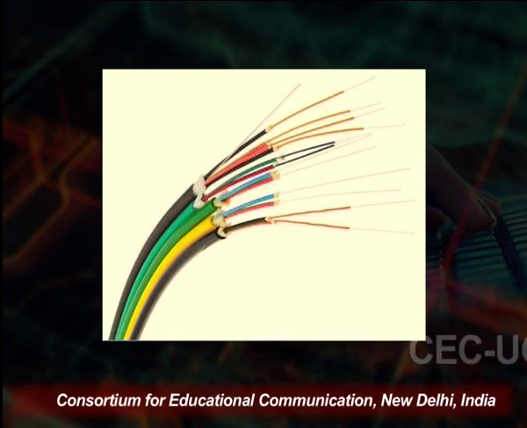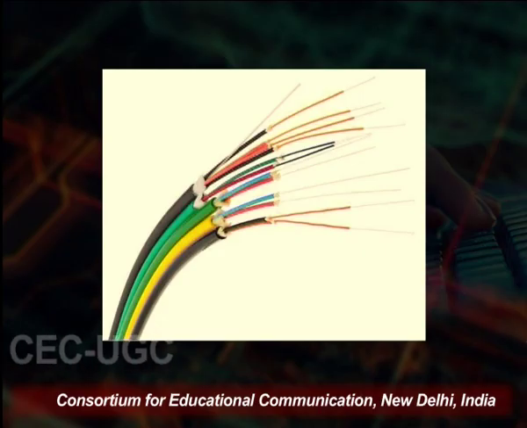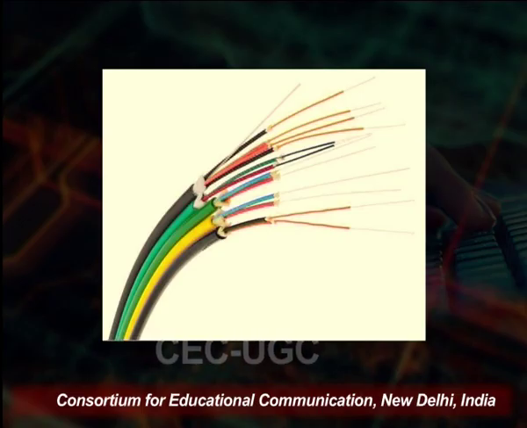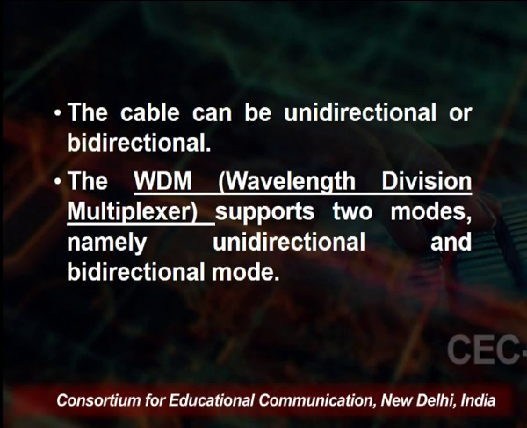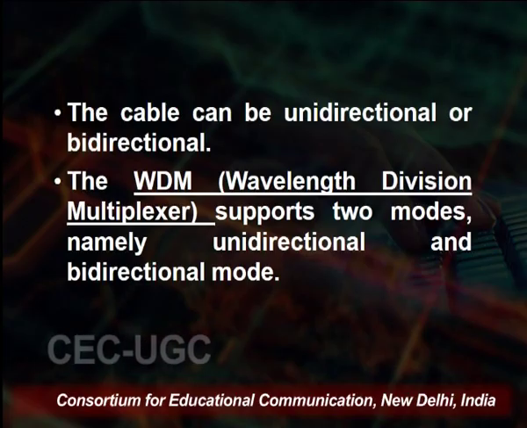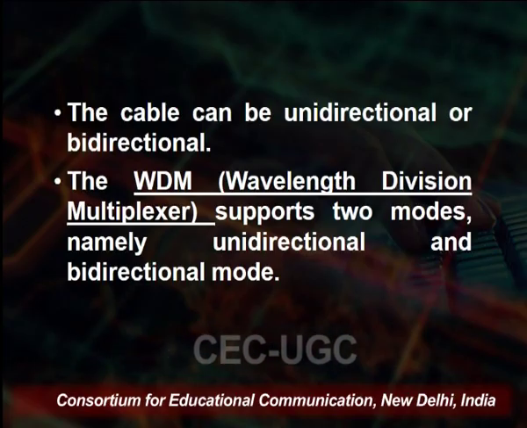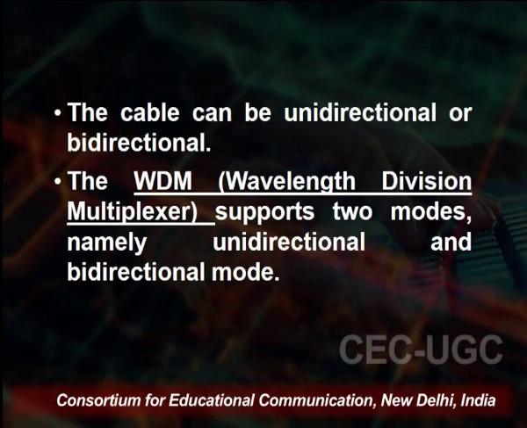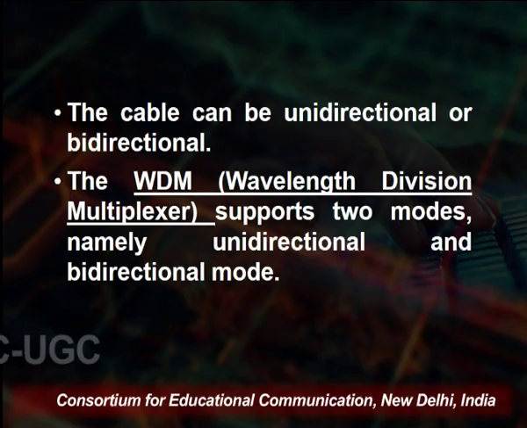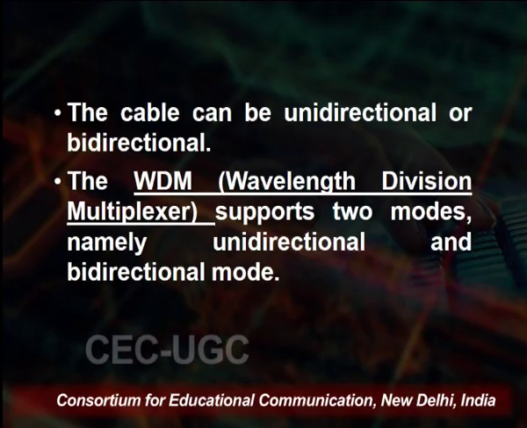So we have seen twisted pair cable, coaxial cables, and fiber optics, which comes in unidirectional and bidirectional capabilities. Now the WDM, which is wavelength division multiplexer, supports both these modes, unidirectional and bidirectional.